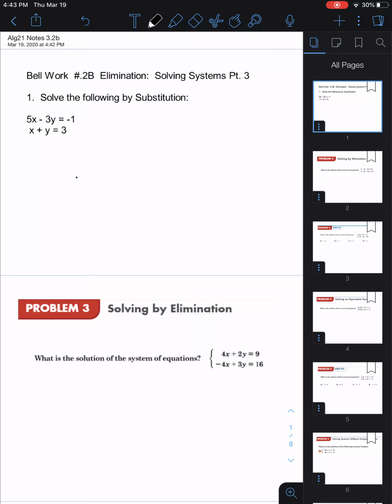Don't forget that you can pause this screen presentation at any time. I'm going to look at elimination, and my project here is to look at the x's and the y's and decide which of those would be easiest to eliminate.